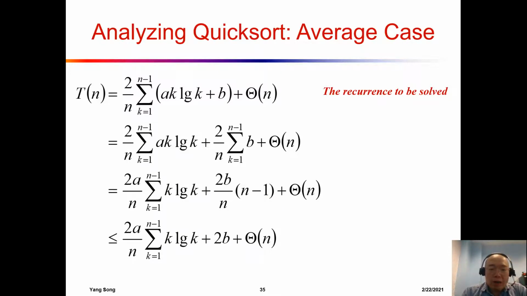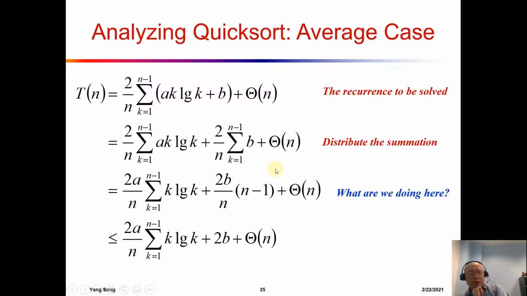And what do we do in the next part? Okay, we are trying to break the left part and the right part, which is the B. So we are breaking this sigma into 2 smaller sigmas. Okay, and after that, let's work on the smaller part, which is 2 over n, and then sigma from k equals 1 to n minus 1 of B. Okay, what's the observation?